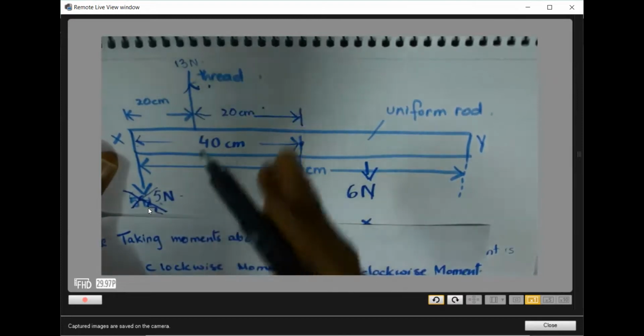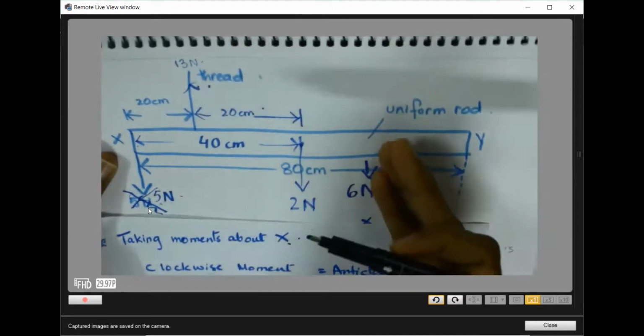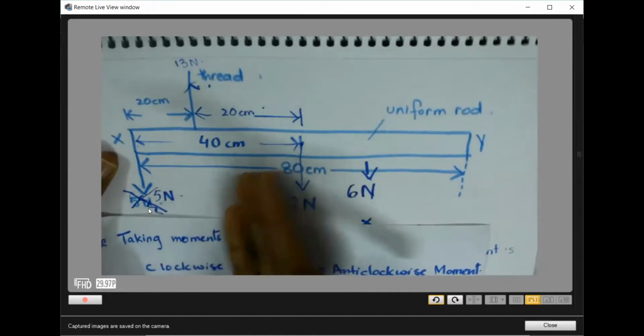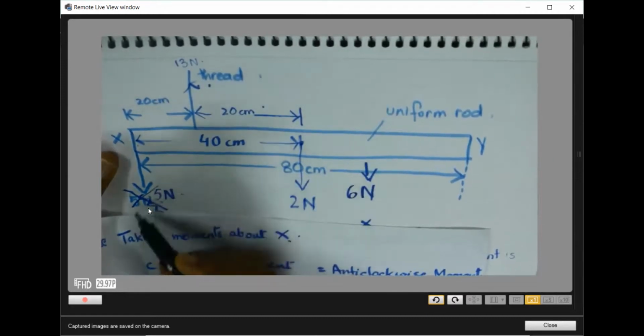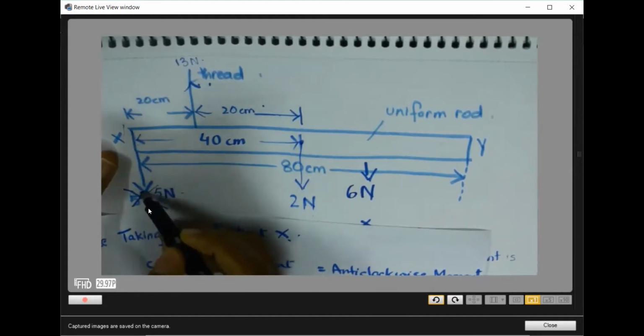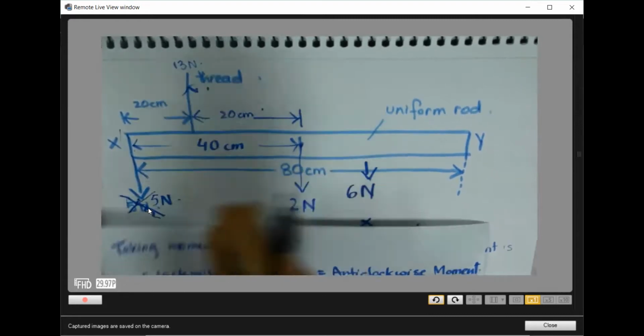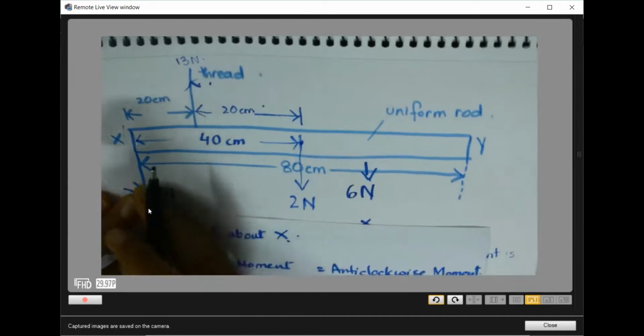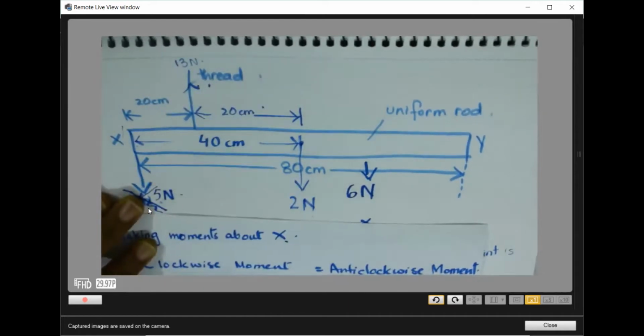Turning moment of any force is the product of its magnitude and the distance. So distance is zero, so zero turning effect. So forget it, because turning effect is zero because it is passing through the pivot. Remember the formula for turning moment was force multiplied by the perpendicular distance between the line of action of force and the pivot.